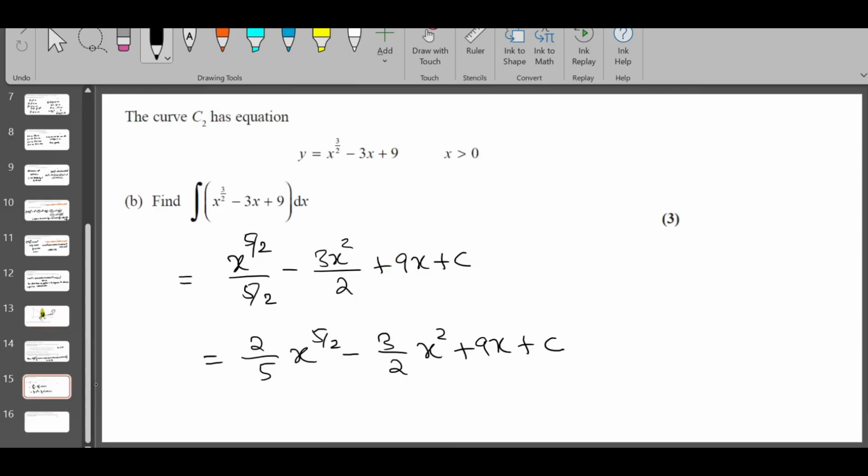So we are going to take this integration and sub in the limits now.